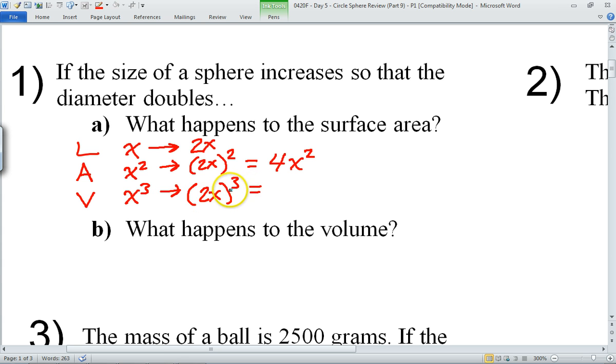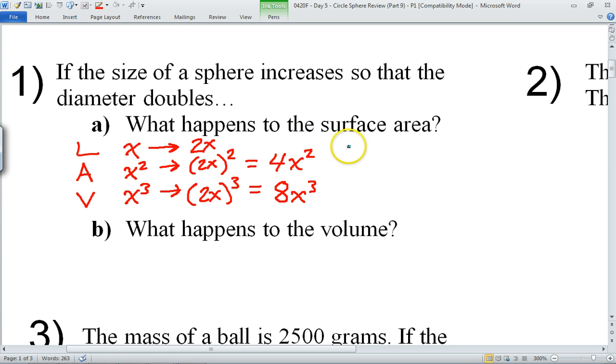What's 2 cubed? 2 cubed is 8. So this is going to make 8x to the third power. So the length doubled. The area was multiplied by 4 times as big. And the volume is multiplied by 8 times as big.